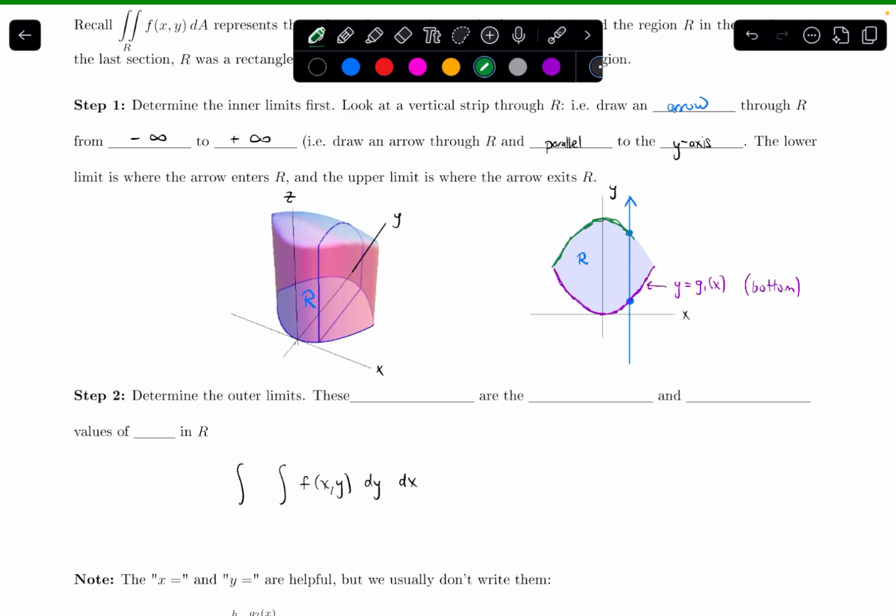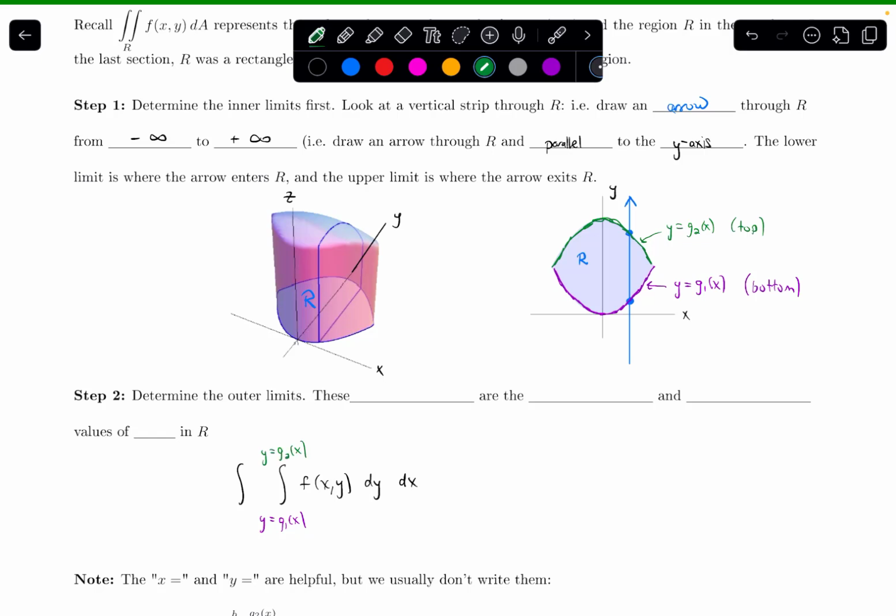So this top function, let's label that as y equals g2 of x, the top function. Okay, so the limits of integration for this inner integral, which are based on what y goes from, the bottom limit is going to be that bottom function, y equals g1 of x. And the top limit is going to be the top function, y equals g2 of x.